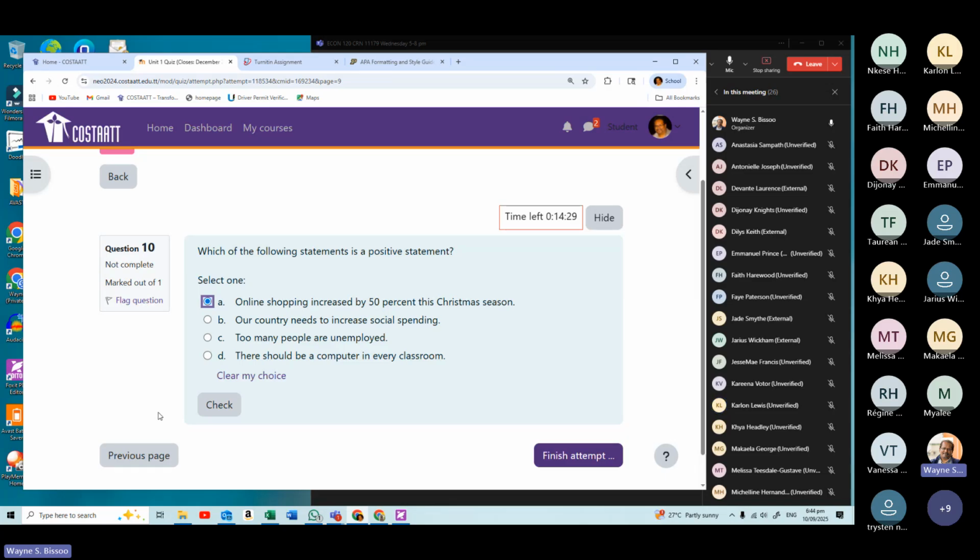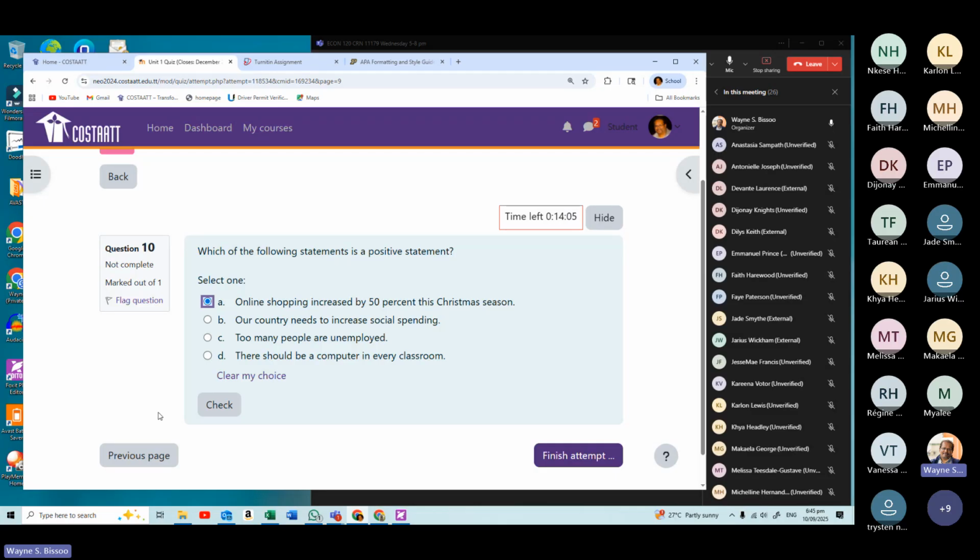The increase in e-commerce is what that statement is about. But what makes it a positive statement is that positive statements are factual in nature, that they can be verified and tested. So of all the statements there, that's the only one that could be measured. We can't measure our country needs to increase social spending.